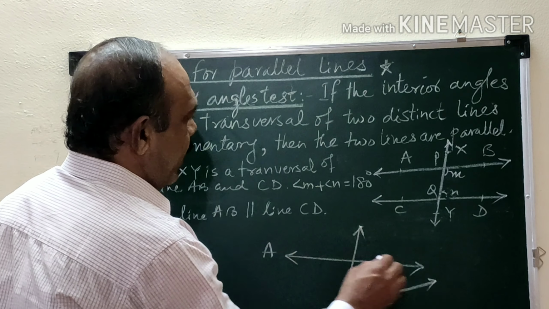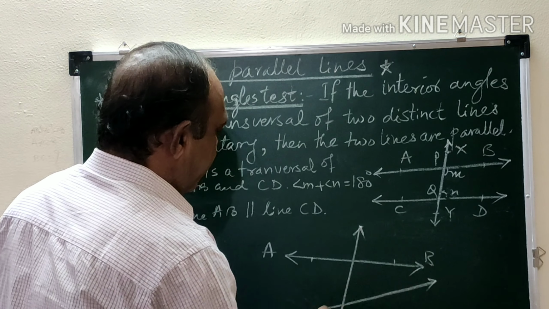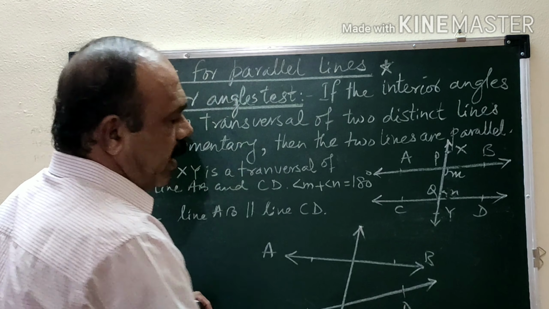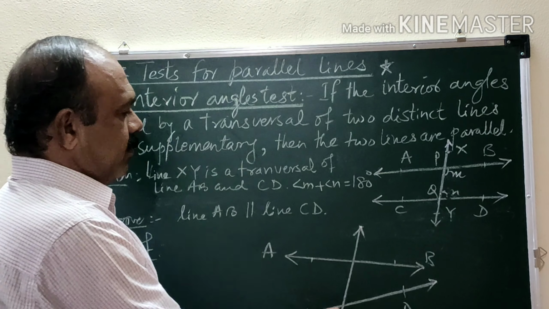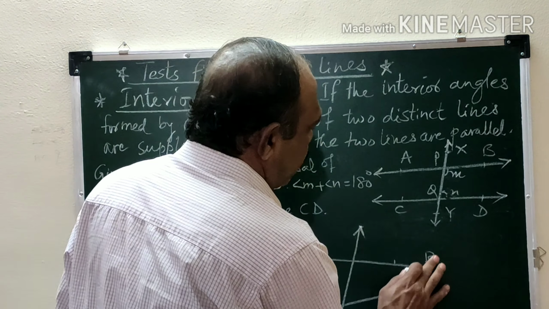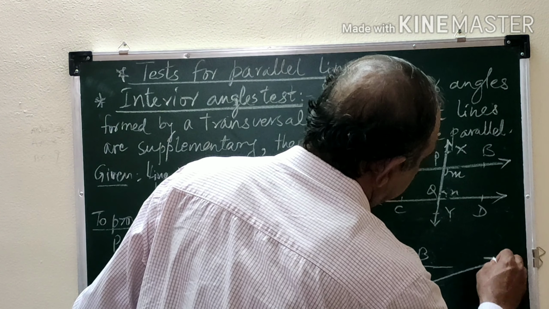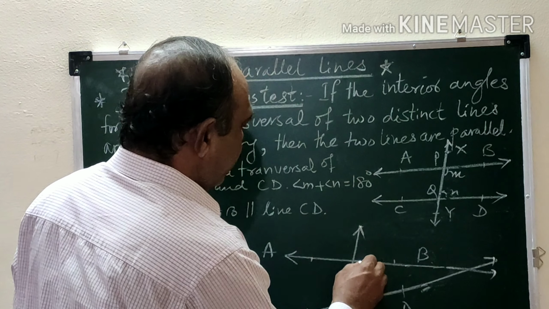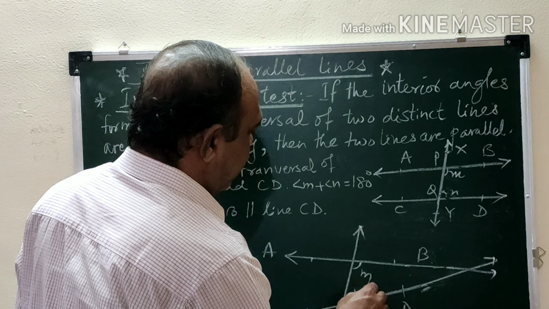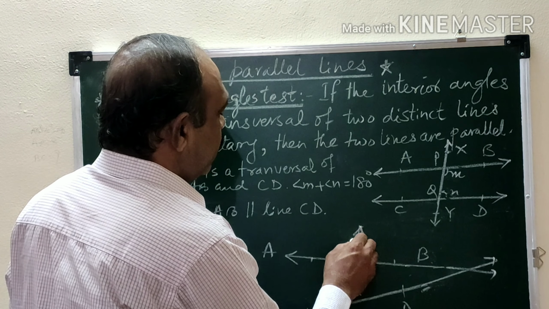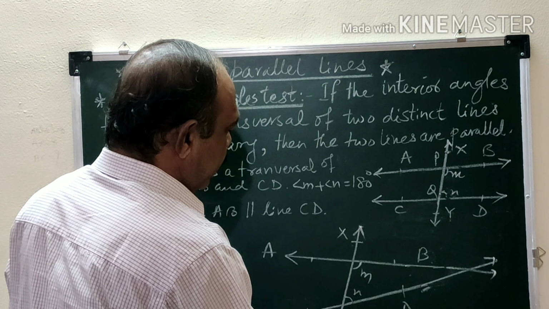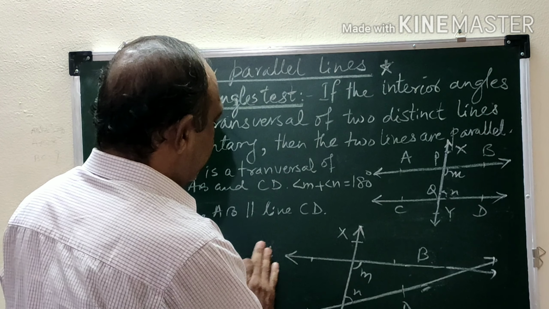So AB and CD are two lines which are not parallel, that is, they are intersecting each other. Here angle M, angle N, and XY, with the same notation.